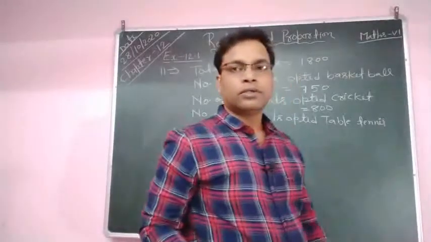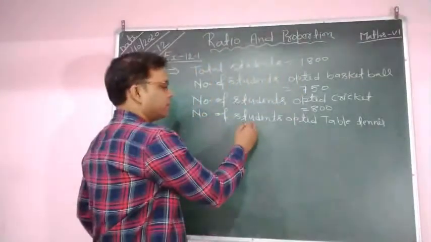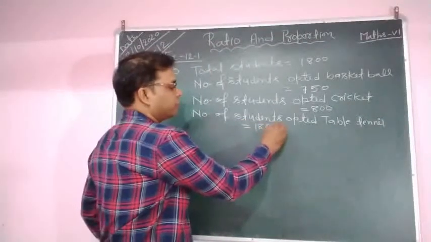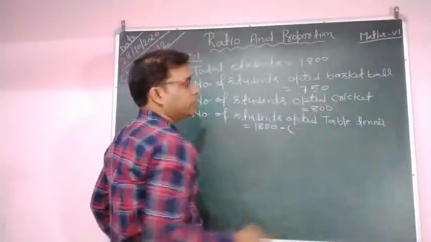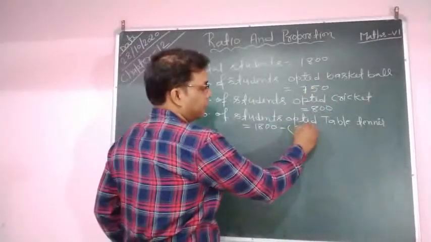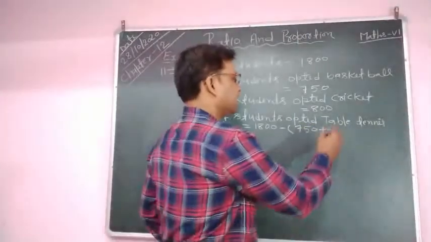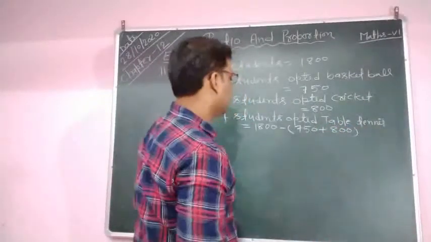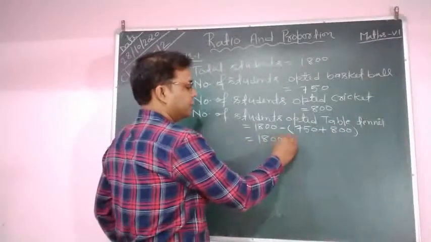Okay, so how many students opted table tennis? This is equal to, first we write, the total number of students 1,800 minus the sum of the number of students who like basketball, 750, plus the number of students who like cricket, 800.